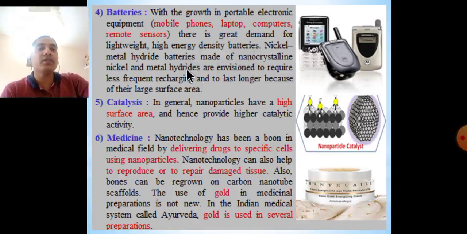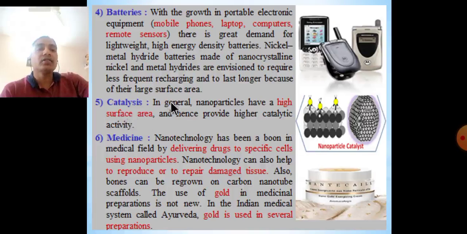Nickel metal hydride batteries made of nanocrystalline nickel and metal hydride are envisioned to require less frequent recharging and to last longer because of their larger surface area.